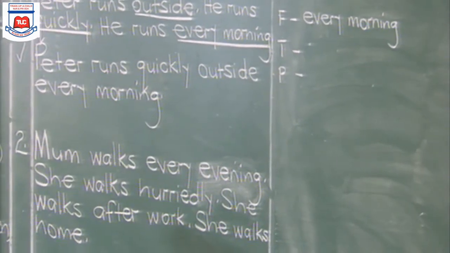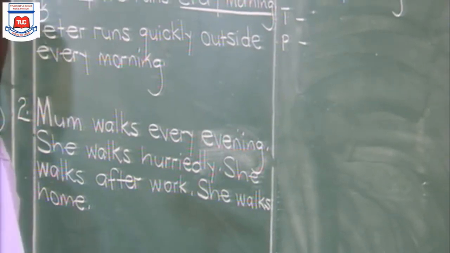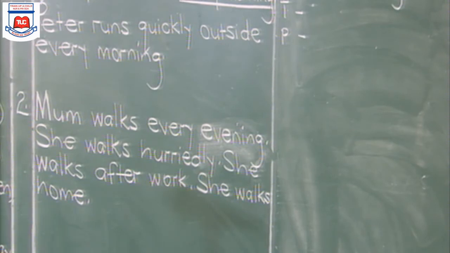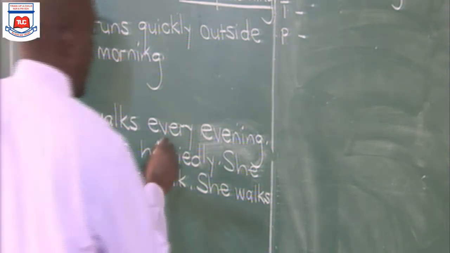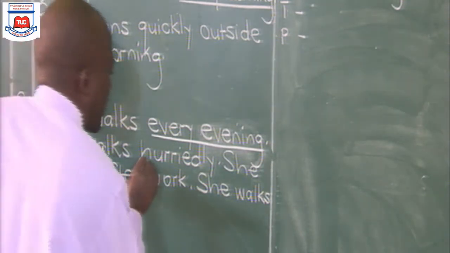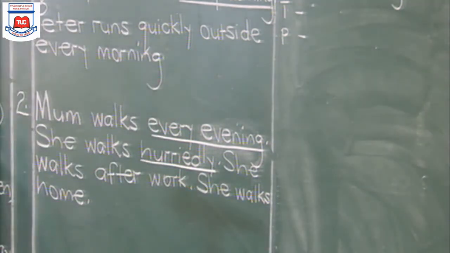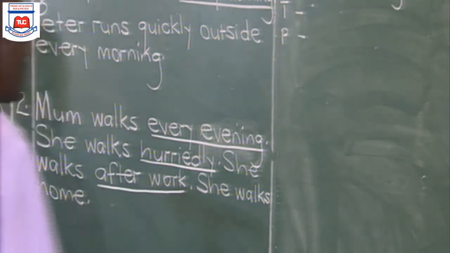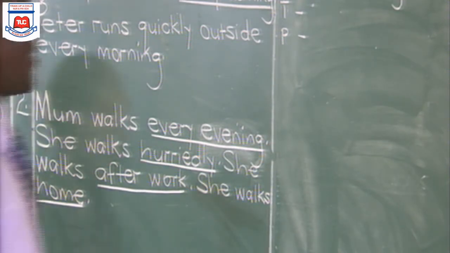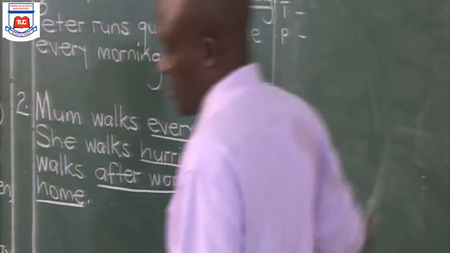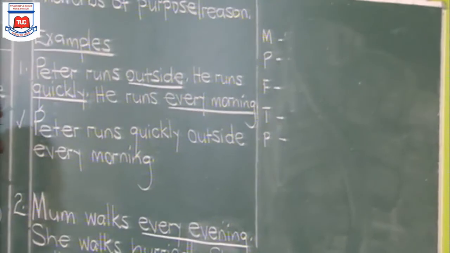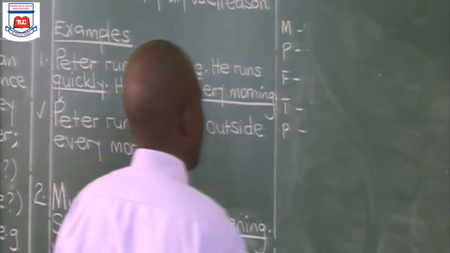So the sentence is, Mom walks every evening. She walks hurriedly. She walks after work. She walks home. There are different adverbs here. The first one here is every evening. Then there is hurriedly. Then there is after work. Then we have home. Now, we need to arrange these adverbs in their correct positions. Every evening is frequency.